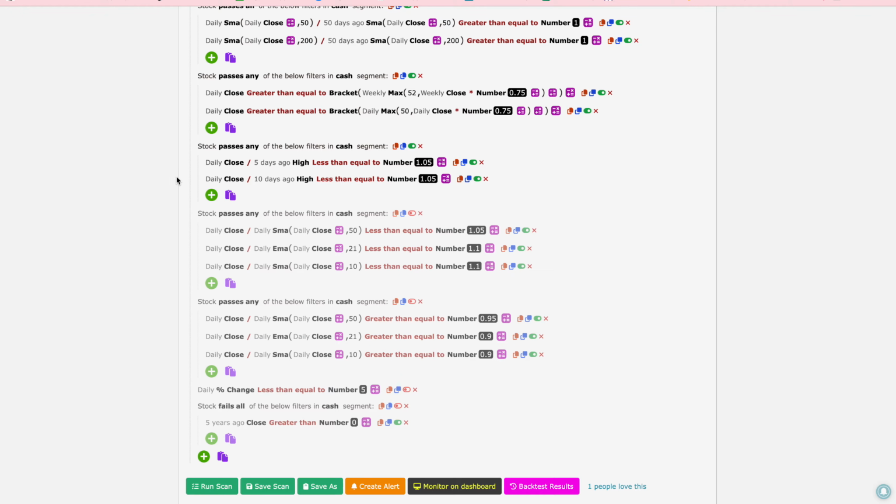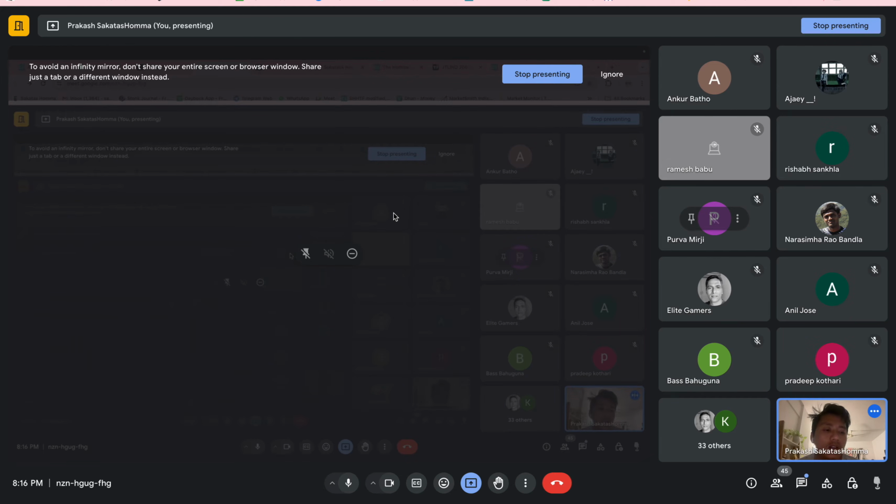What I'm saying is anything which has gained more than 5% in the last 10 days or 5 days, I don't want. Now the question is, Prakash, why do you not want that? Because I don't want something which is wedging up. I am trying to get stocks which are pulling back, not wedging up, pulling back. बराबर? Wedges are not great.